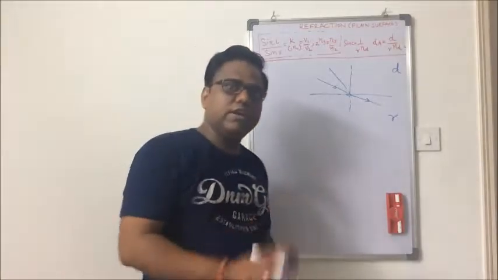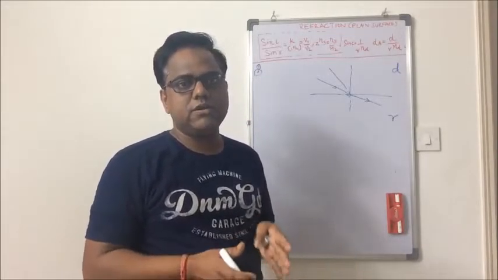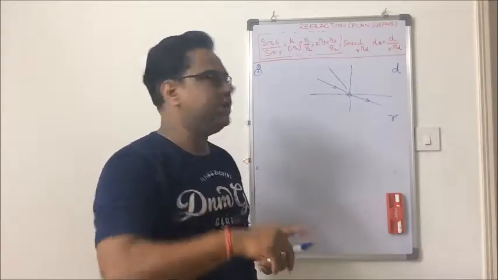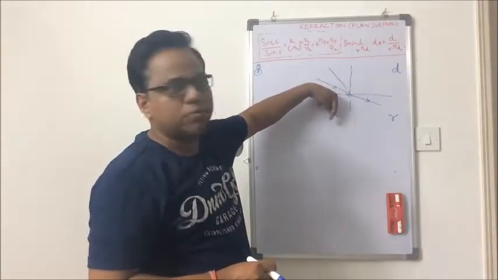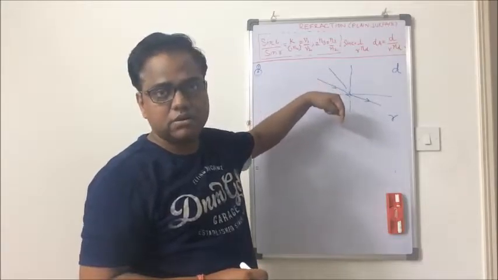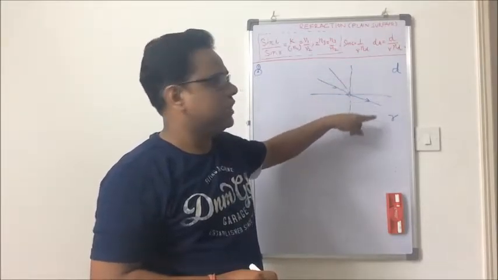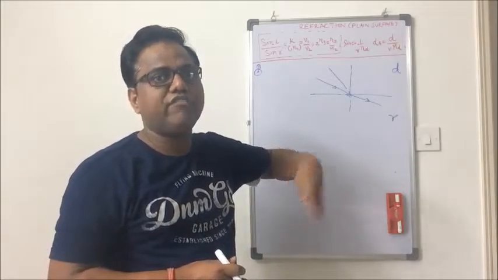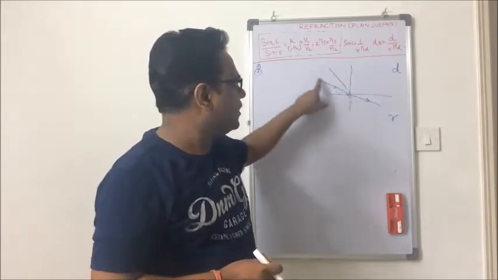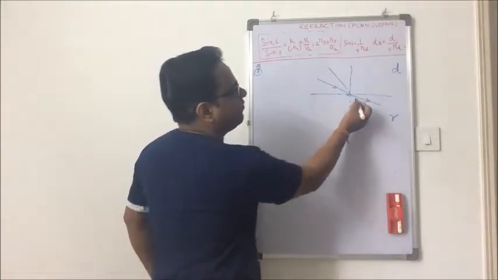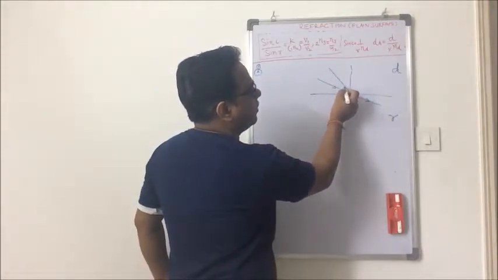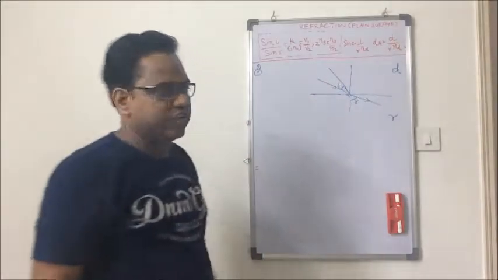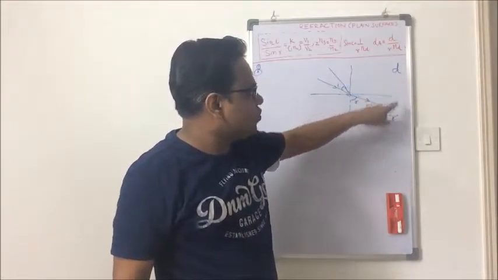As we just learned, when light enters from a rarer medium to a denser medium, it will bend towards the normal. But if it enters from denser to rarer, it bends away from the normal. That is what I showed here. So angle R would be more than angle I if it is going from denser to rarer.